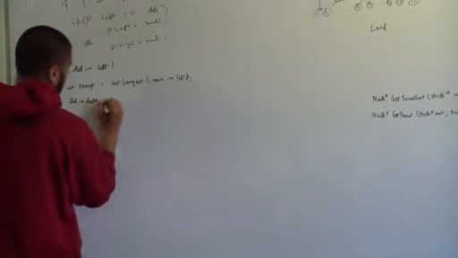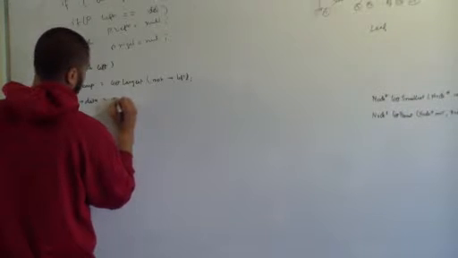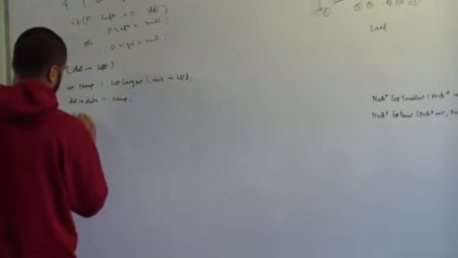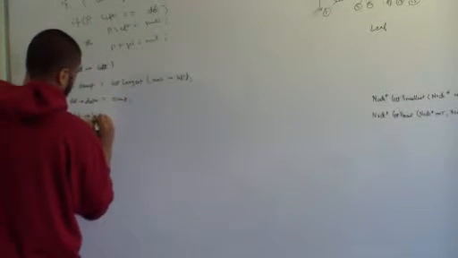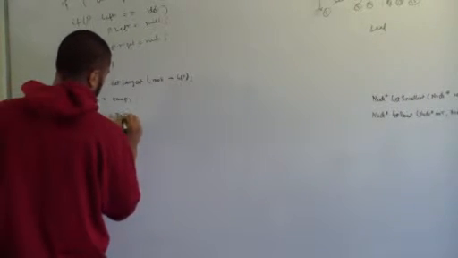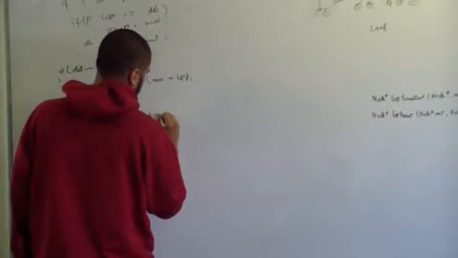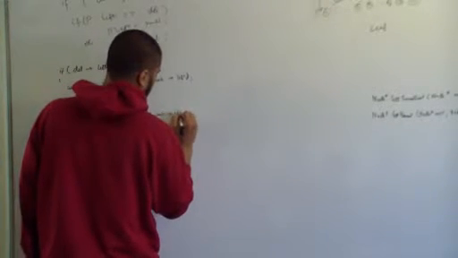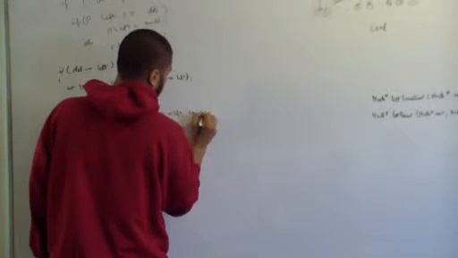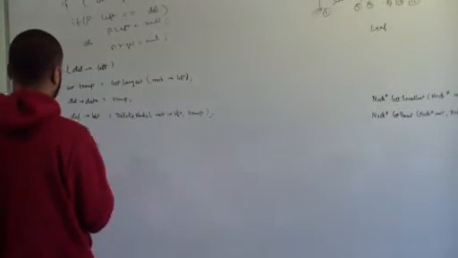Then data equal to temp, then left equal to delete node of root left and temp.